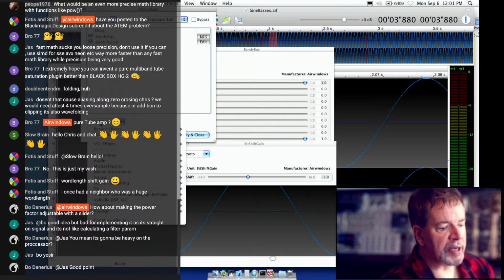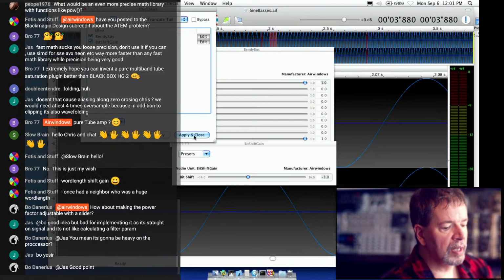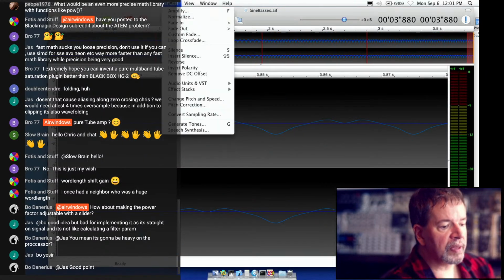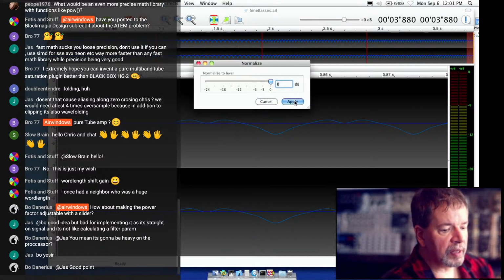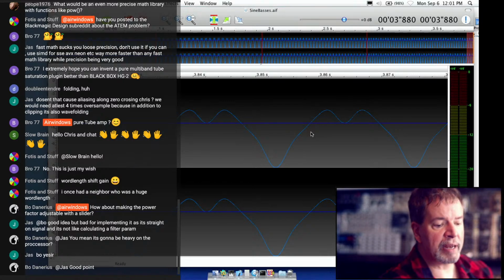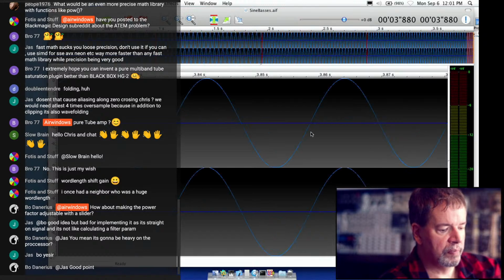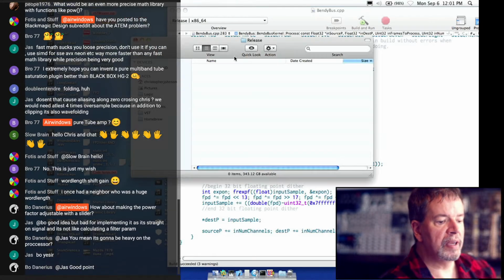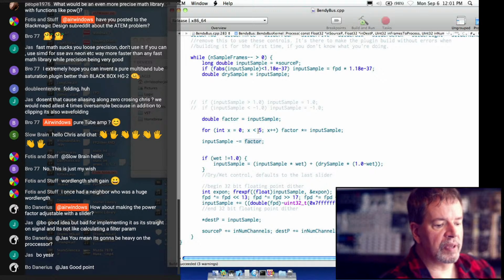Nah, it's not letting me do stuff on the DAW level. It's only letting me do stuff on the plugins level. And I do not have a normalize on the plugin level because I'd have to scan over the entire thing, so never mind. Apply and close. Then we'll normalize. And see, we got that again. That's what we had before.